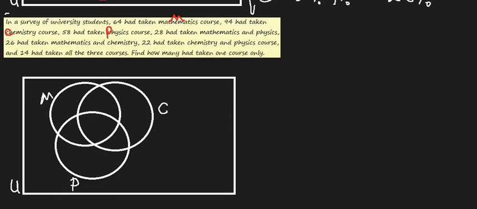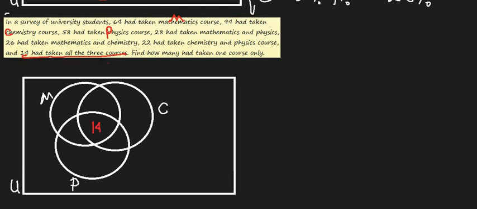Okay, once again the same deal. We will start with the back. So 14, we always start with the middle here, yeah? The middle, the intersection between all of them. 14 taken all of the courses, it means 14 is over here.